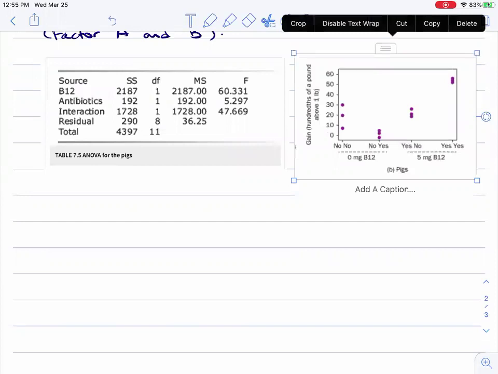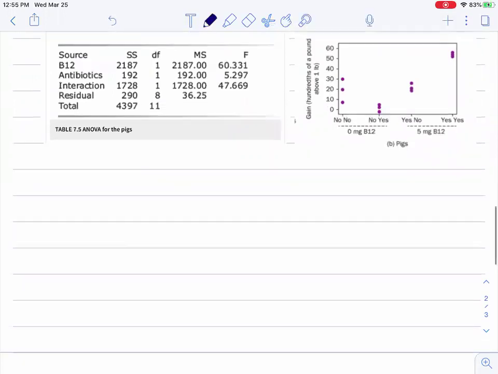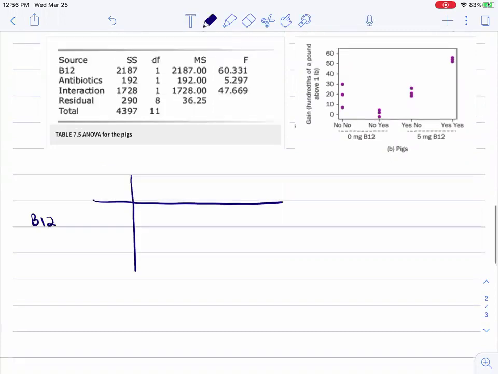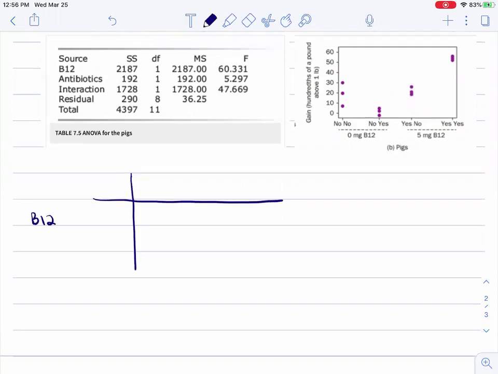So what we would have in your table is B12 and antibiotics, to match how we've been doing it.